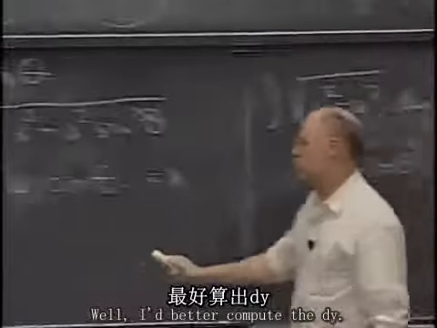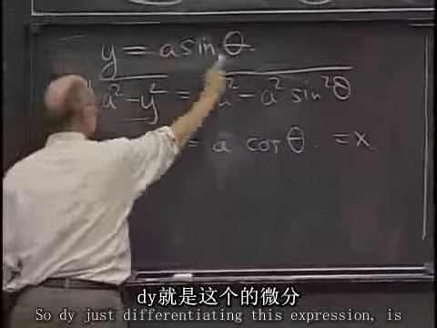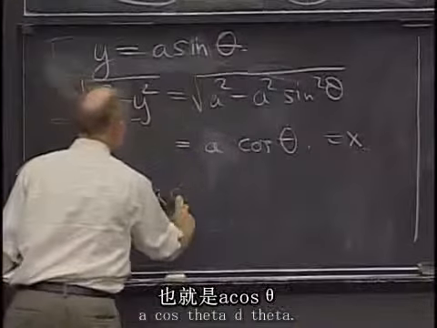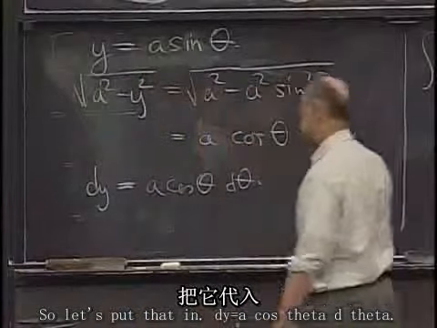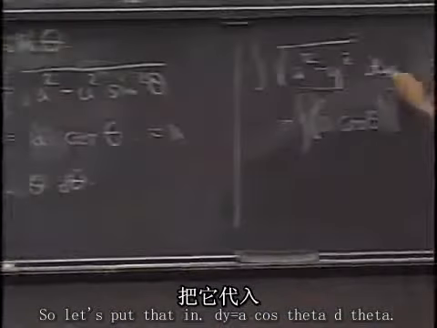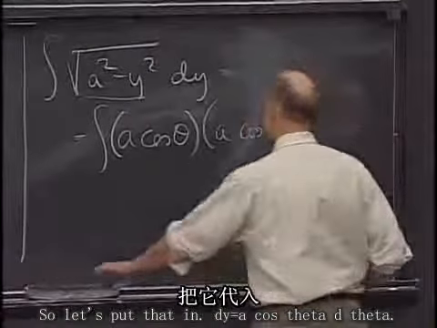That's this. What about the dy? Well, I better compute the dy. So dy, just differentiating this expression, is a cosine theta d theta. So let's put that in. dy is a cosine theta d theta.